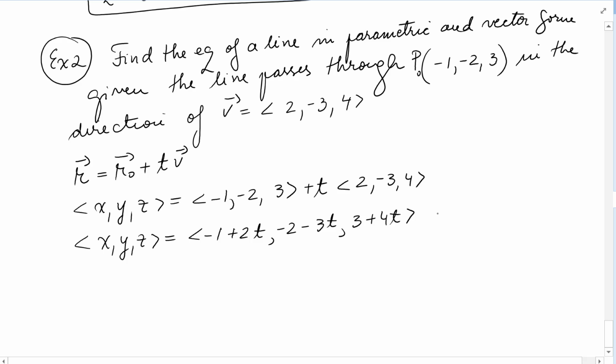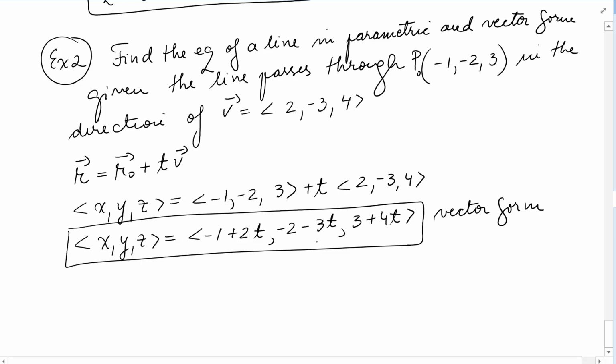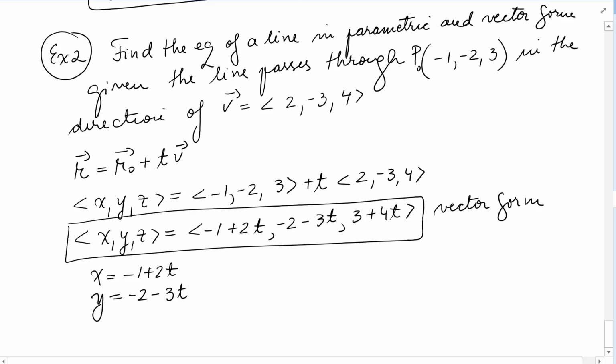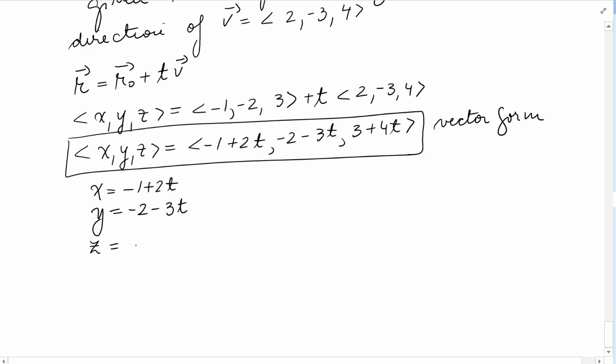This is the vector form. And then if we equate each of them, x equals -1 plus 2t, y equals -2 minus 3t, and z equals 3 plus 4t, we found the parametric form.